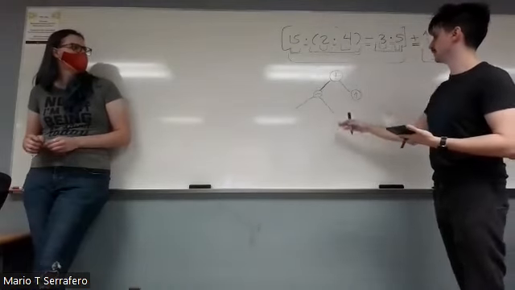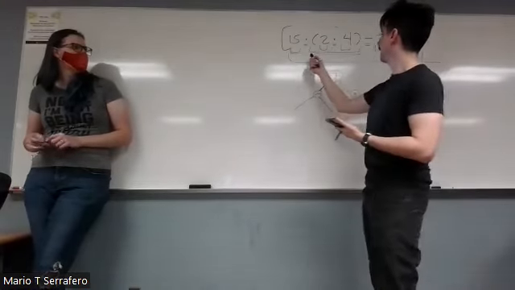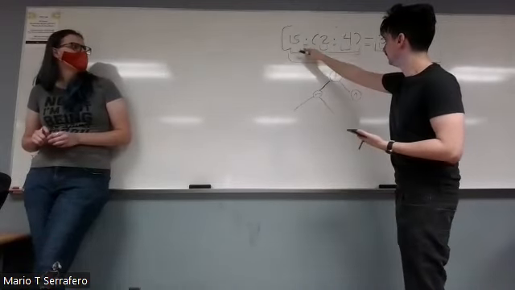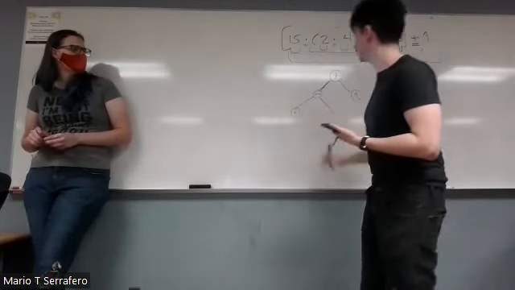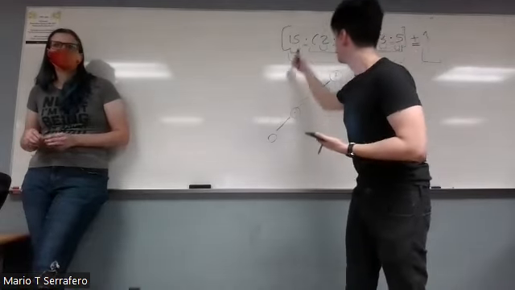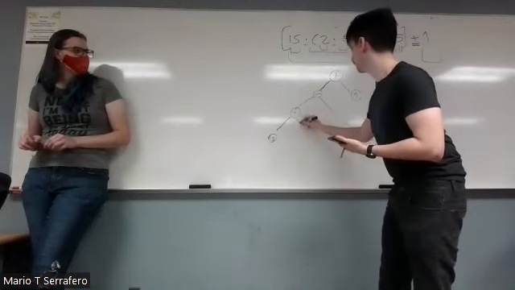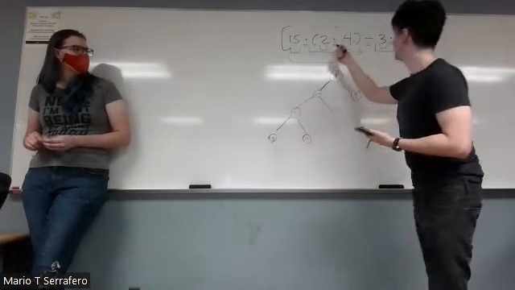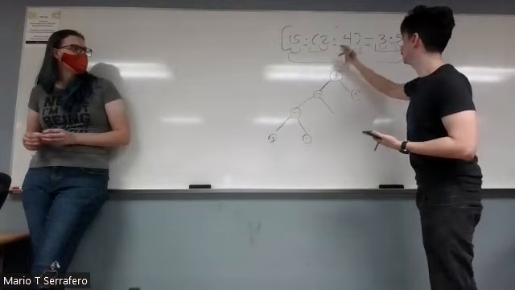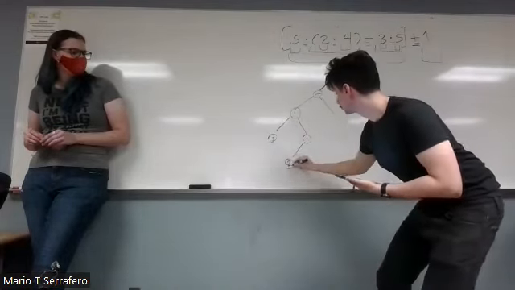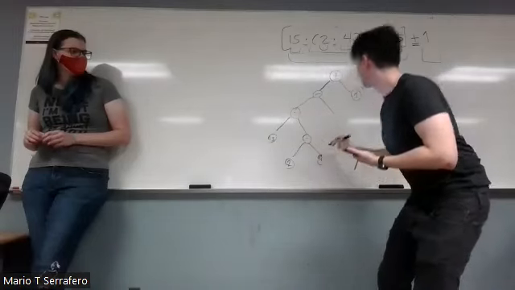I'm gonna do left subtree and then I'm gonna worry about this one. What is the top level operation? I look at what is in this parentheses, this is the top level operation. So I'm gonna do that. And now I'm gonna do left subtree 15, right subtree, another top level operation, which in this case is the one that's at that level in the parentheses, and then 2 and 4.